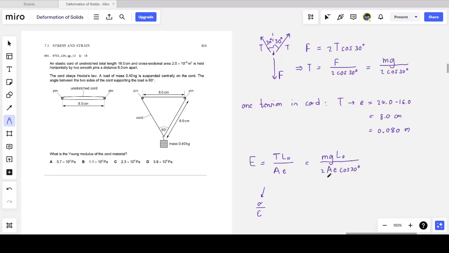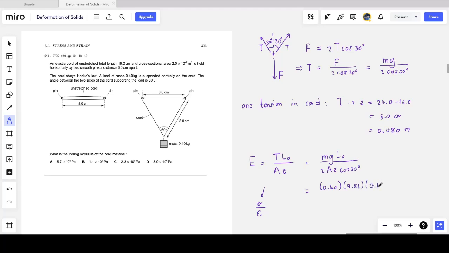So yeah, it is a bit mathematically heavy, but it prevents me from having any rounding errors. Now I can put all my values in because I know all of these values. The mass is 0.4 kilograms. The free fall acceleration g is 9.81 meters per second squared.